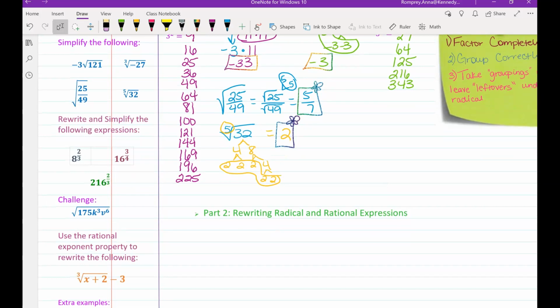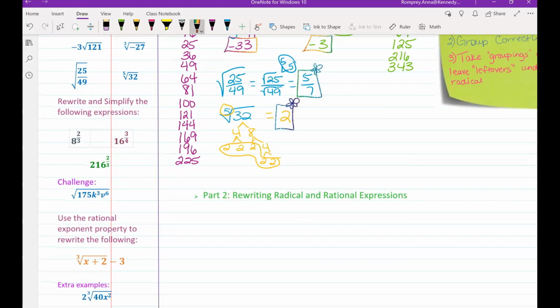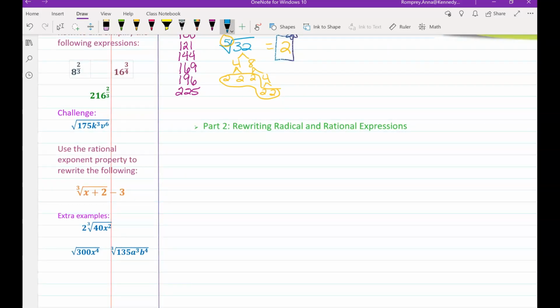It says rewrite and simplify the following. So 8 to the 2/3 power. So again, if you have a 2/3 power, that tells me that I'm going to rewrite that as a radical so that I can simplify it. Go ahead and move down here.